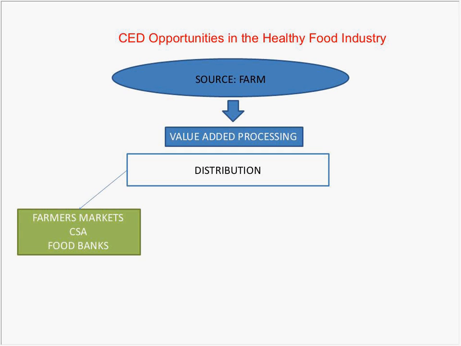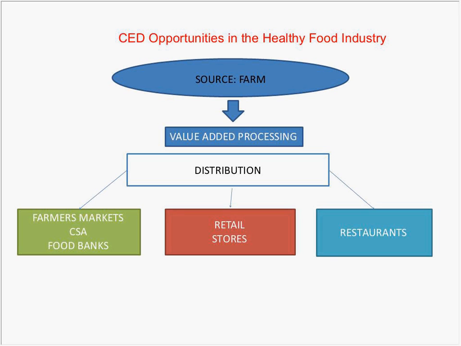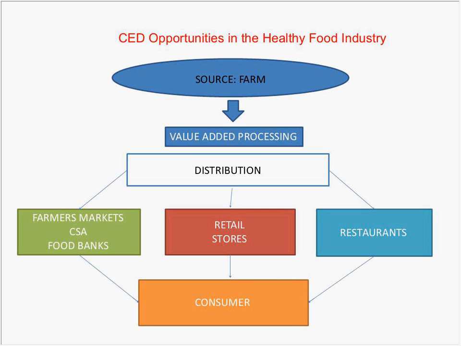It could go through farmers markets, or through other programs, food banks, as well as CSAs, which are community-supported agricultural programs. You could go directly to retail stores or directly to restaurants. So you could be part of that distribution network, focused on getting the food to those resources, and ultimately it ends up with the consumer through these different channels.